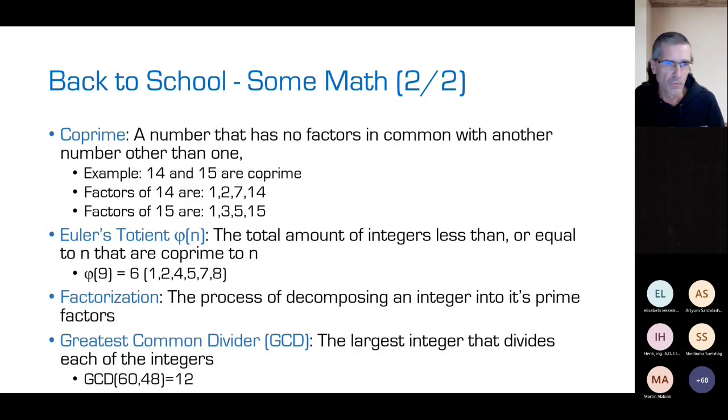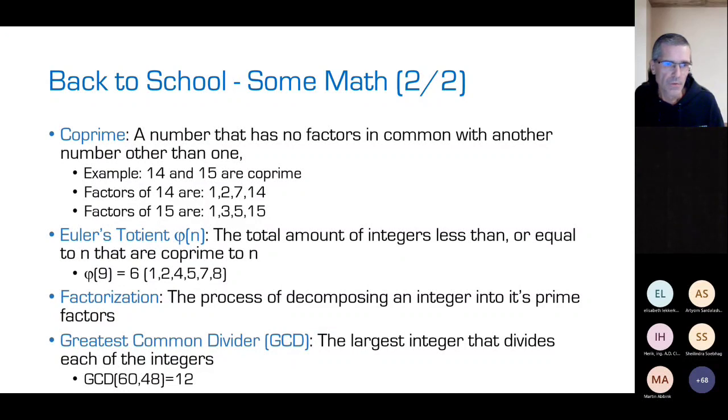The factors of 14 are 1, 2, 7, and 14. And the factors of 15 are 1, 3, 5, and 15. So as you can see, there are no common factors except 1, meaning that 14 and 15 are coprimes, because we use the definition of coprime later in the RSA algorithm as well.